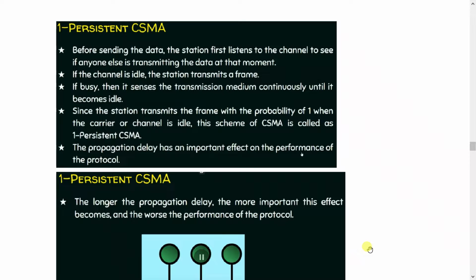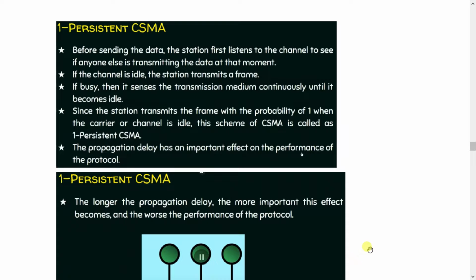Since the station transmits the frame with the probability of 1 when the carrier or channel is idle, this scheme is called one persistent carrier sense multiple access. So whenever it feels the channel is idle, it just sends immediately, like pure Aloha, with probability equal to 1. And therefore they call it one persistent.